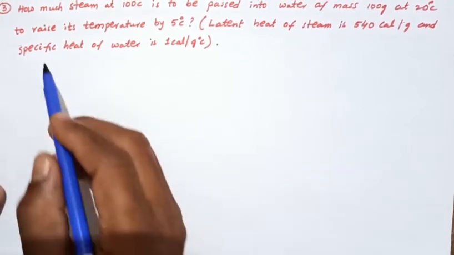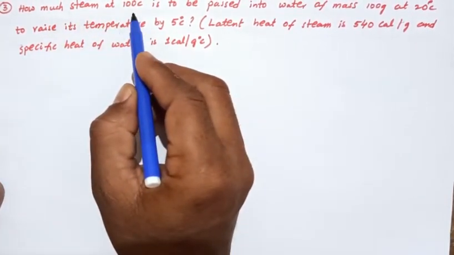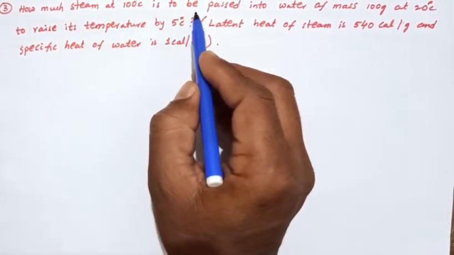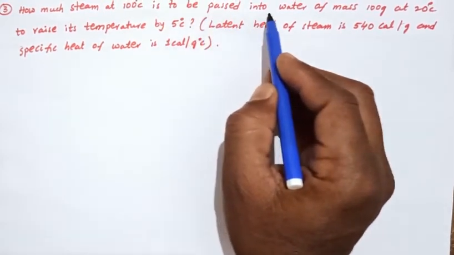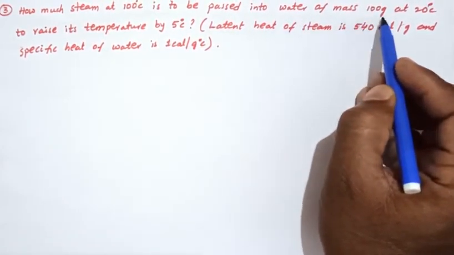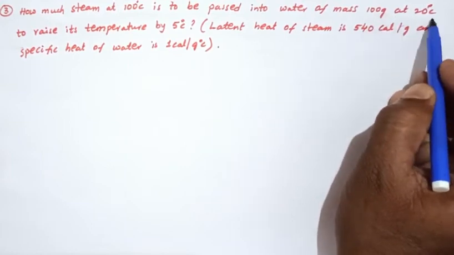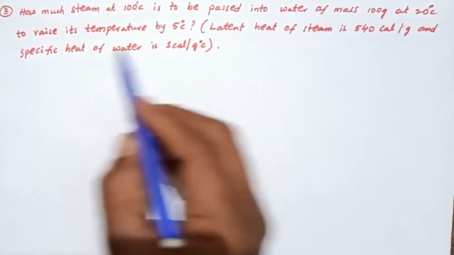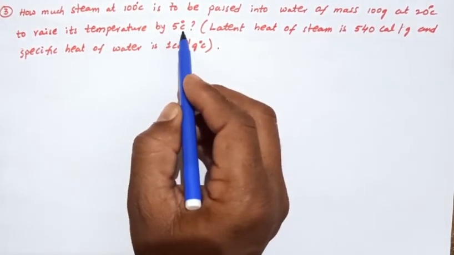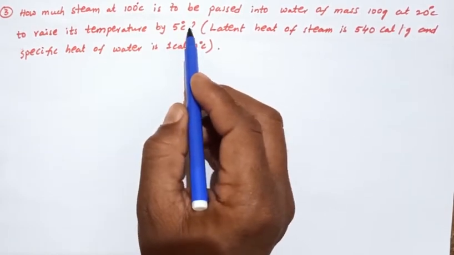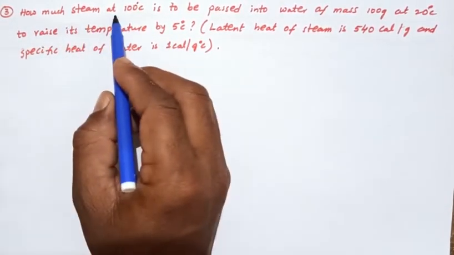Next, third problem. How much steam at 100 degrees Celsius is to be passed into water of mass 100 grams at 20 degrees Celsius to raise its temperature by 5 degrees Celsius? So here, how much steam?